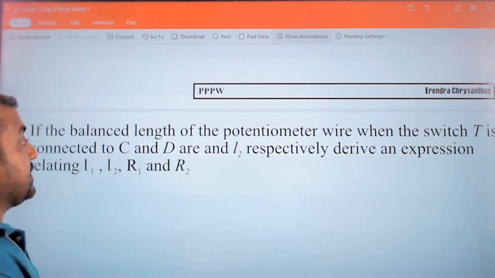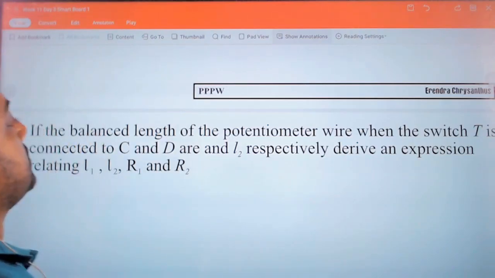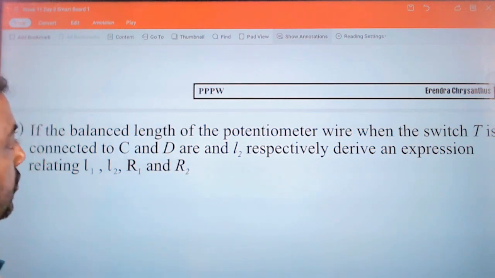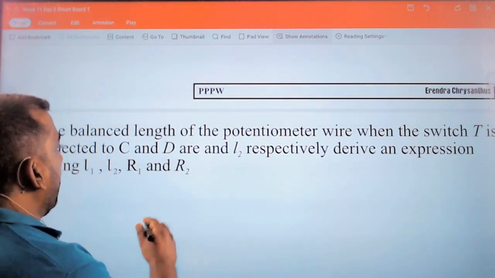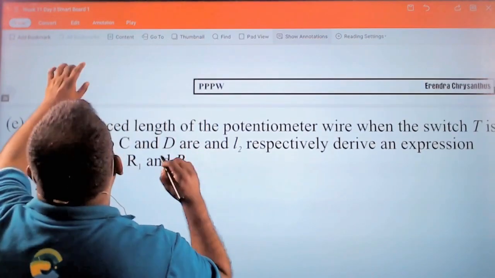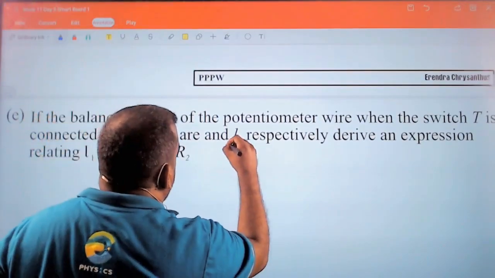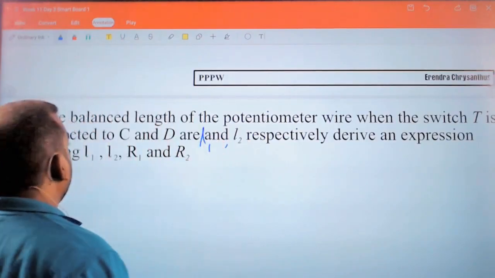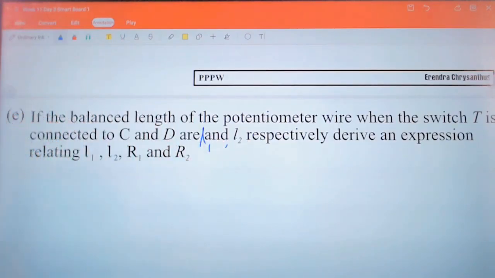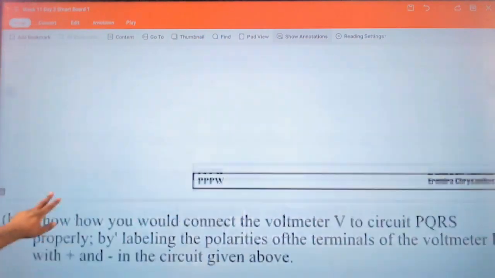If the balance lengths of the potentiometer wire when switch T is connected to C and D are L1 and L2, derive an expression relating this. I think we can do it on top itself, near the picture.